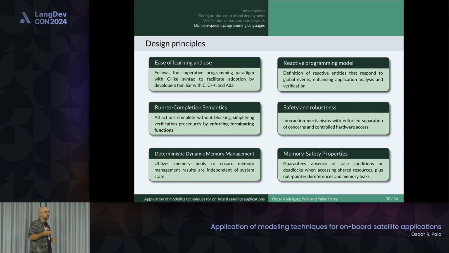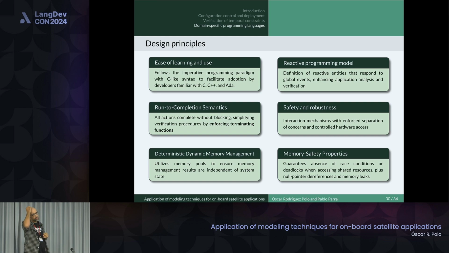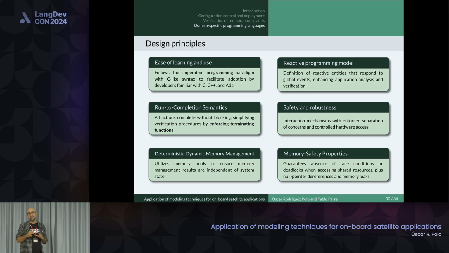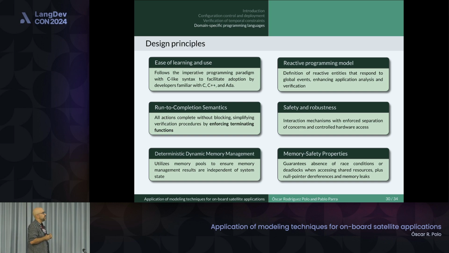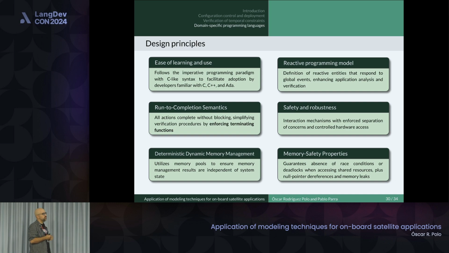So we built this language using some design principles. Basically, we wanted it to be easy to learn and easy to use. So it follows an imperative programming paradigm with a syntax that is very close to that of C and Rust to facilitate its adoption. It incorporates, as I said, elements from the domain.